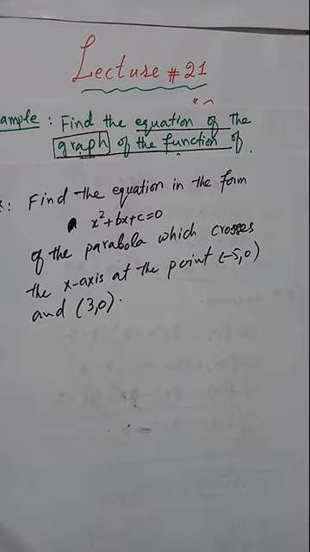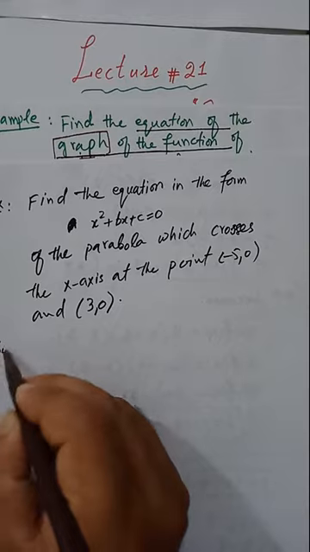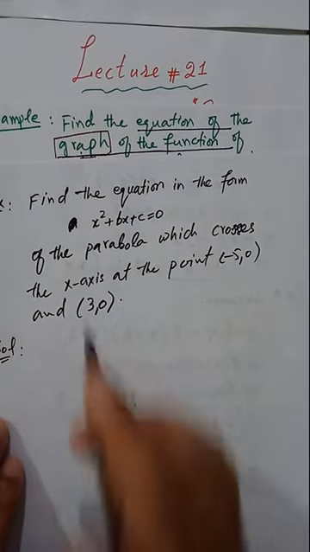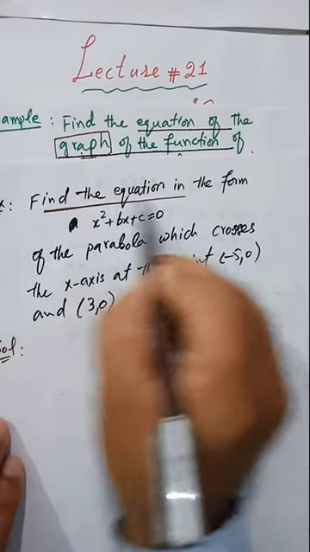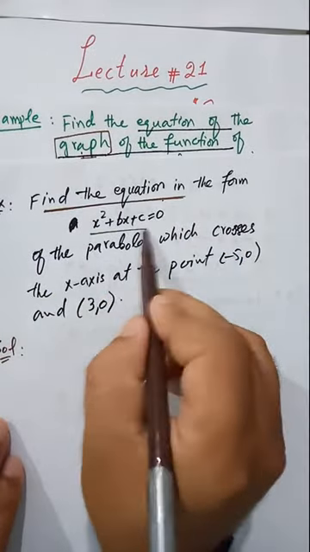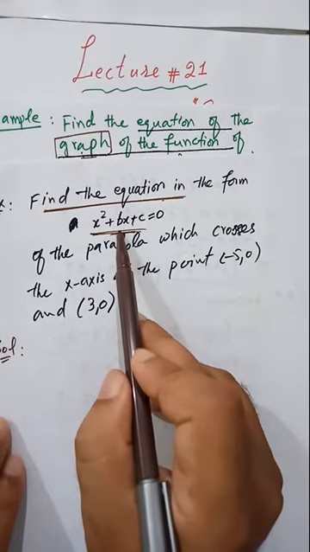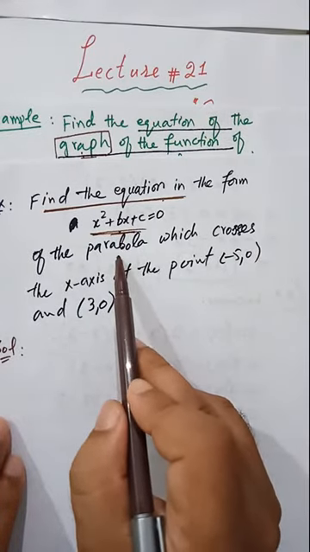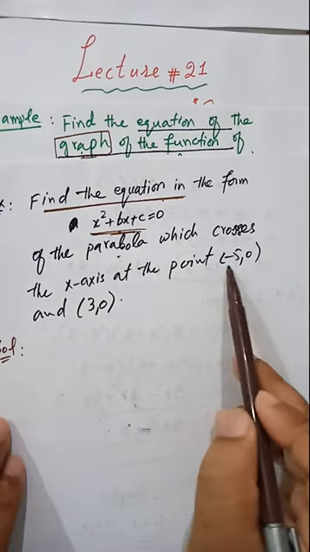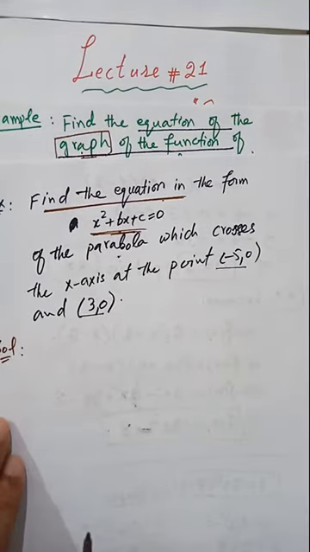So in this case the form of the parabola is given. Solution: you need to find out the equation of this form, and that is the equation of the parabola, and that parabola passes through the x-axis at these 2 points.